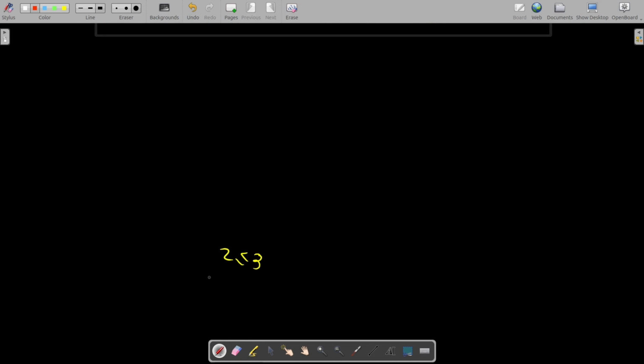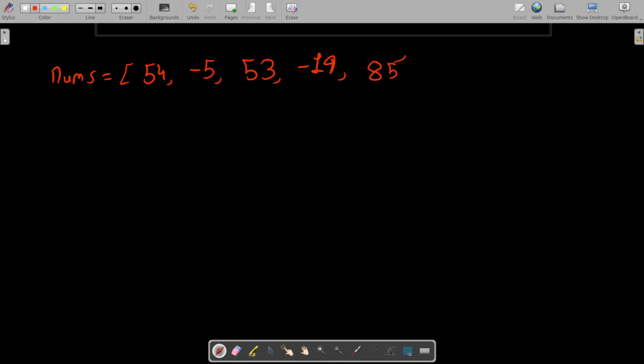Let's take one more good example. Let's suppose our array nums is 54, -5, 53, and let's take -19 as well, and 85, and let's suppose we have k equals 119.